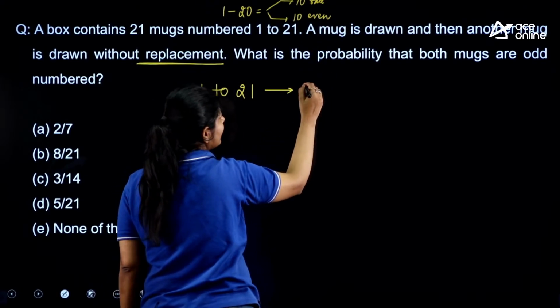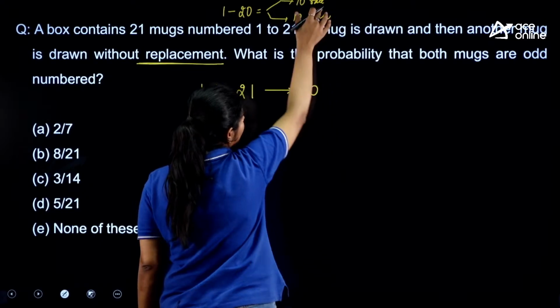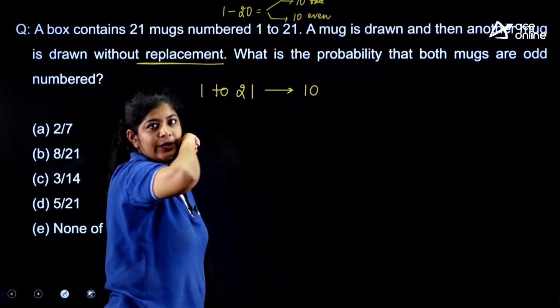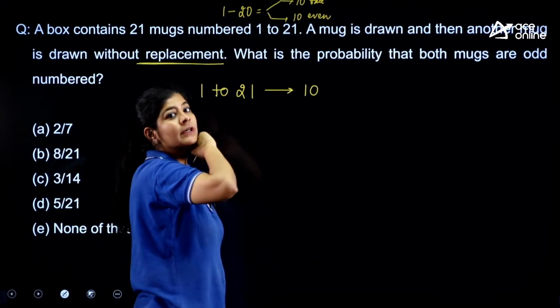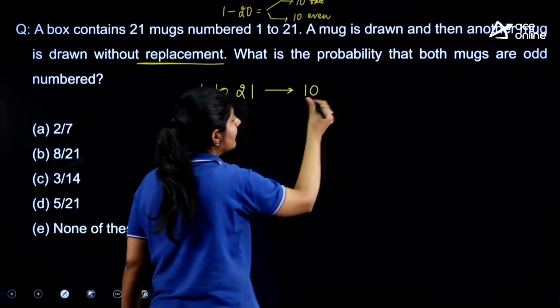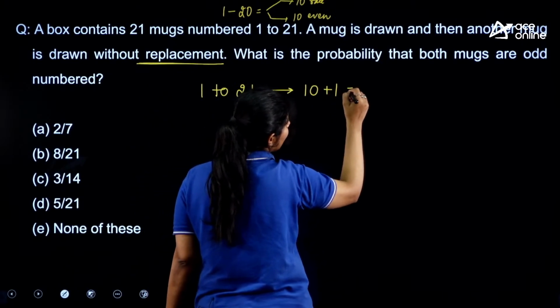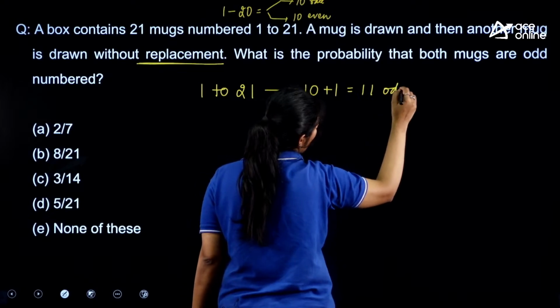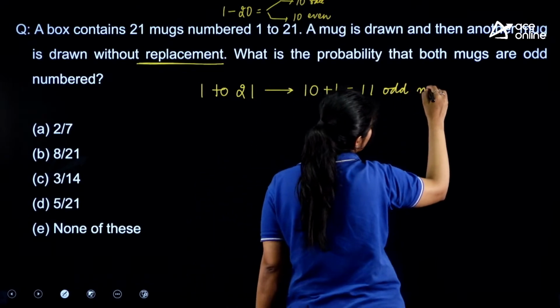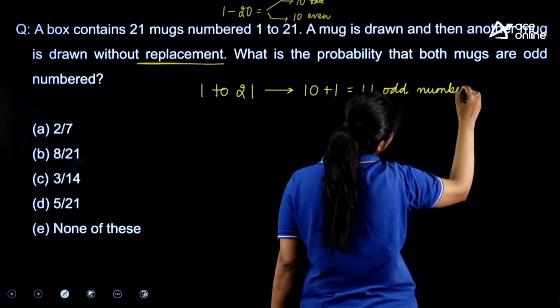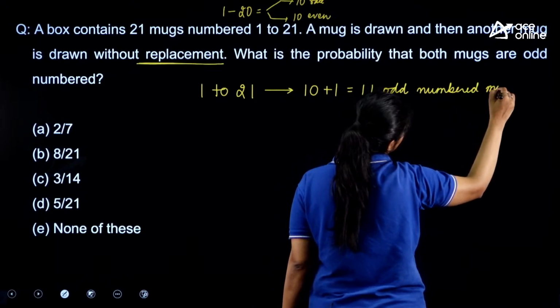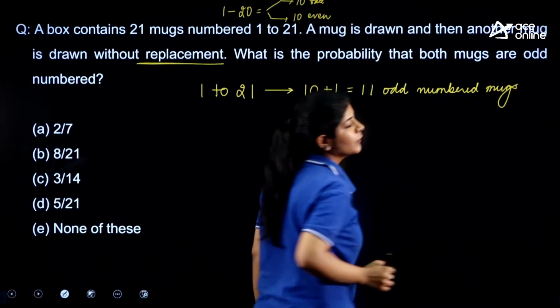And we have one more number, 21, which is an odd number. So we need to add plus 1. That means we have a total of 11 odd-numbered mugs, right?